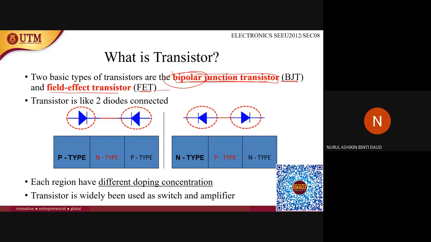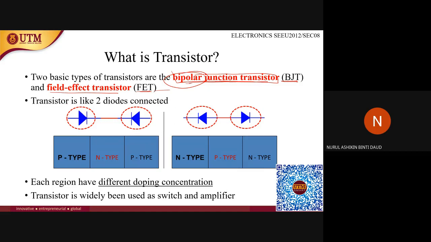It's the same with the transistor. Why do we call it bipolar? Because both the minority and majority carriers for the currents are involved in the operation of the transistor. We're going to look later on at why it is called bipolar.